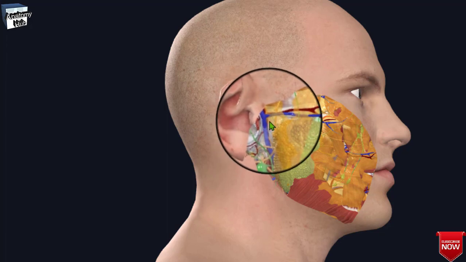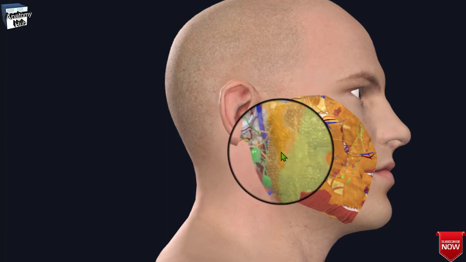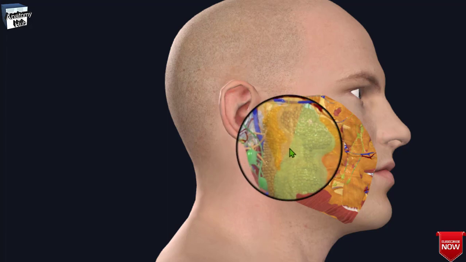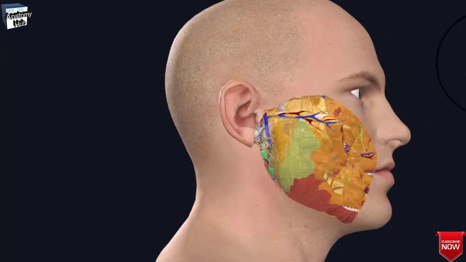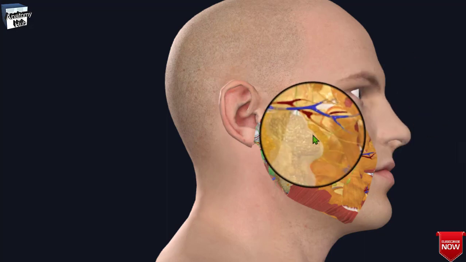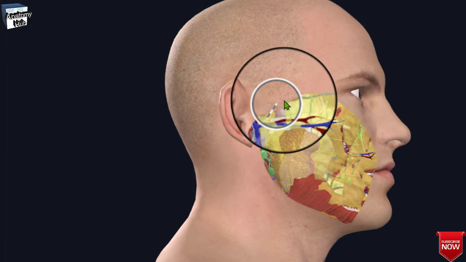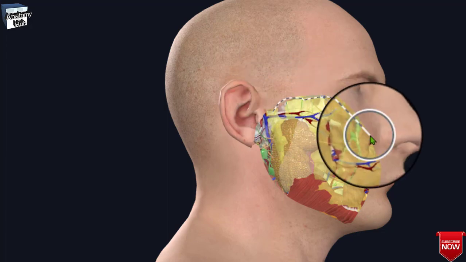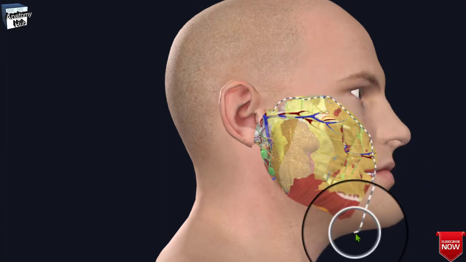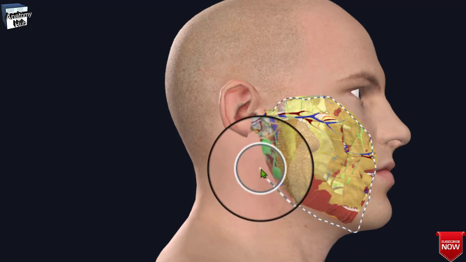It is the largest of the three major glands, the others being the submandibular and sublingual glands. We will see this parotid gland after removal of the parotidomasseteric fascia. We will just remove it layer by layer so that you can see it.